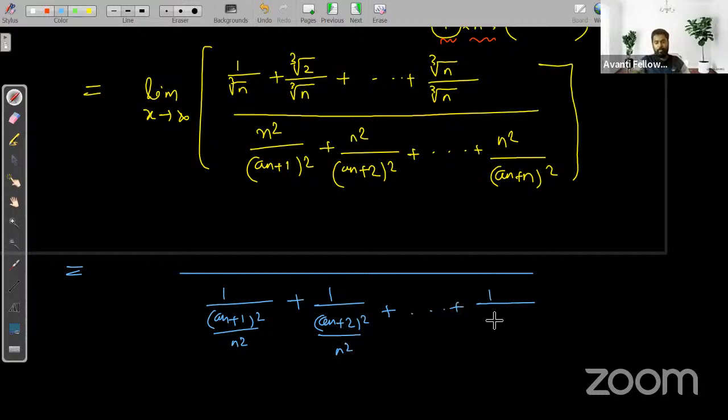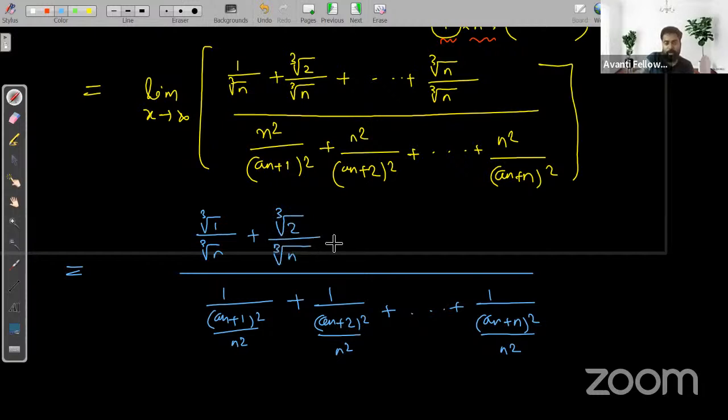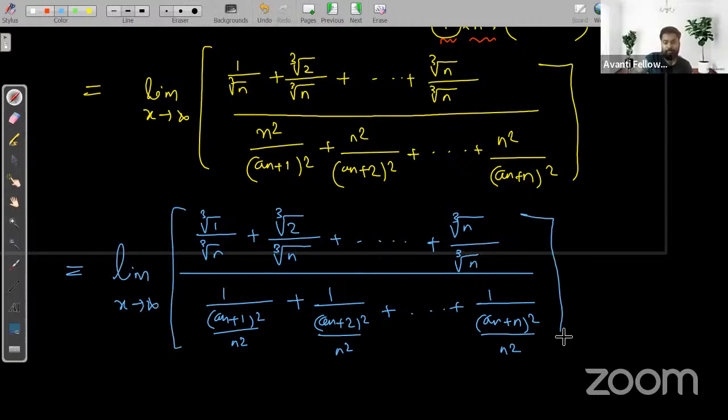So 1 upon n plus n whole square divided by n square. I can write or not? Yes, I can write. And write the numerator as well: cube root of 1 divided by cube root of n plus cube root of 2 divided by cube root of n and so on, plus cube root of n divided by cube root of n, with the limit extending to infinity. Yes or no?